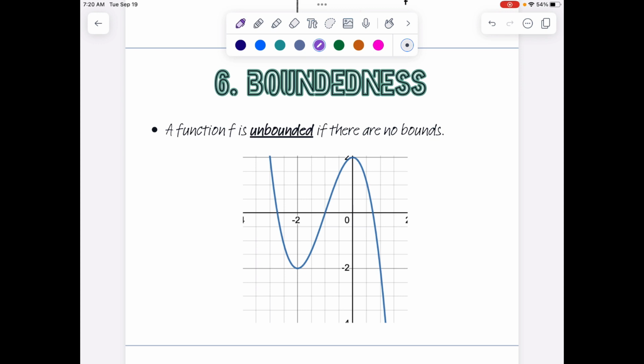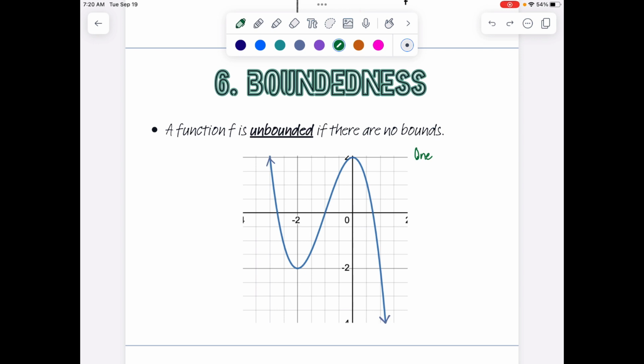This is considered to be unbounded. And it is unbounded because specifically of our end behavior. There is a piece of our graph that goes off to infinity. All we need is one piece.